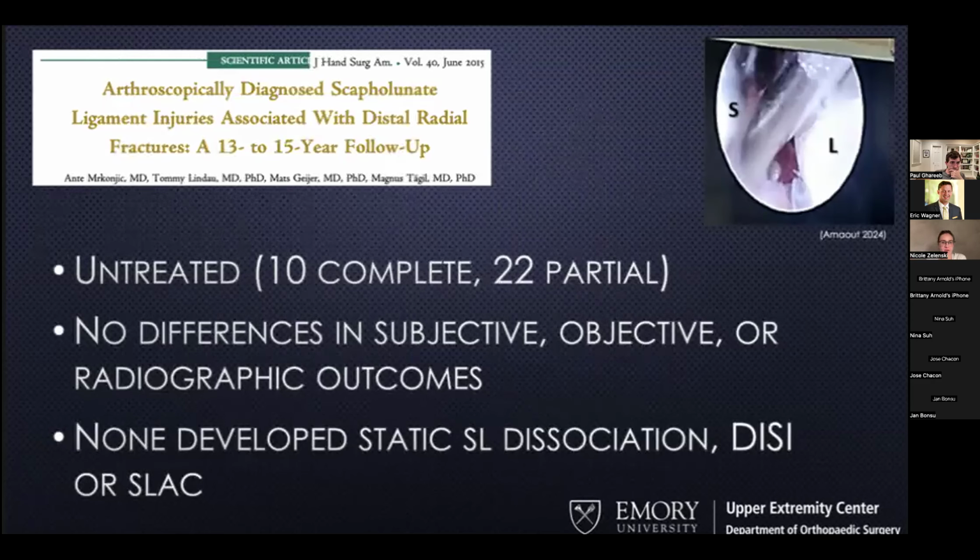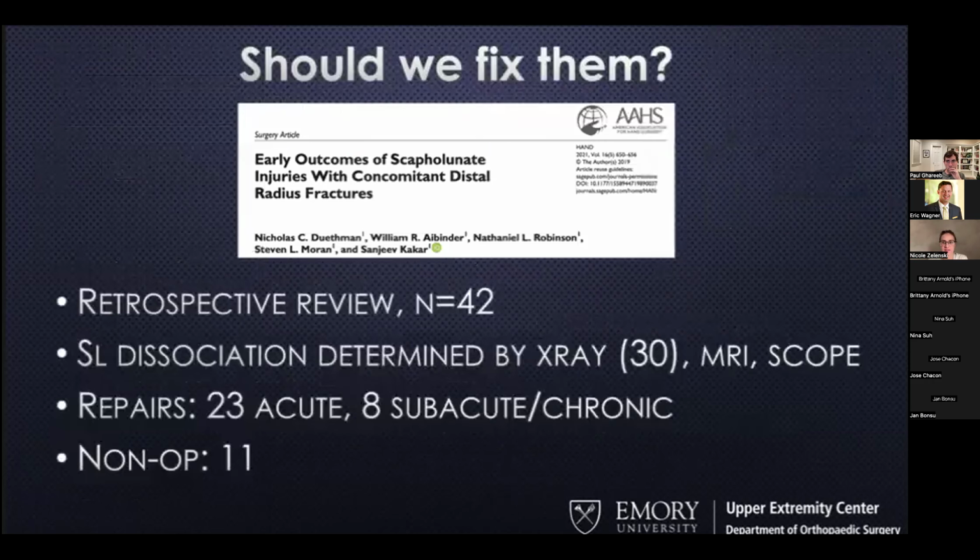Ultimately, they found no difference in any outcome measure after 13 to 15 years in distal radius fractures that had an SL injury found at the time of fracture. None developed a static SL dissociation, DISI deformity, or SLAC wrist. So it doesn't seem like these really progress, at least in this setting.